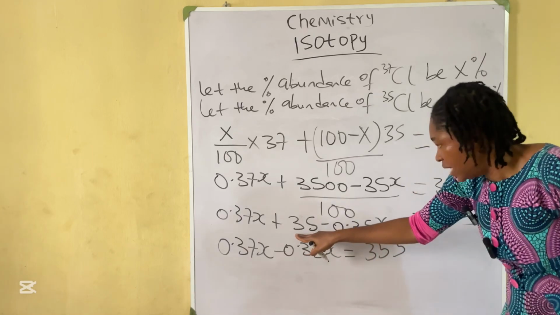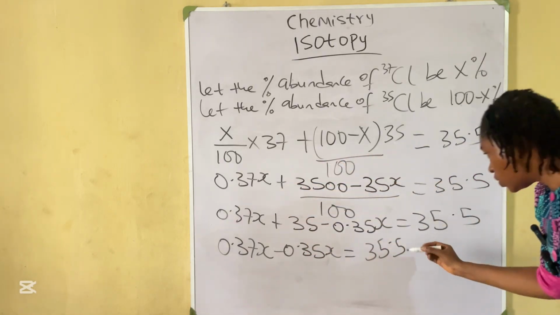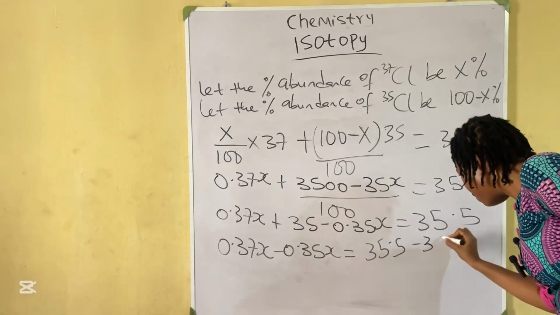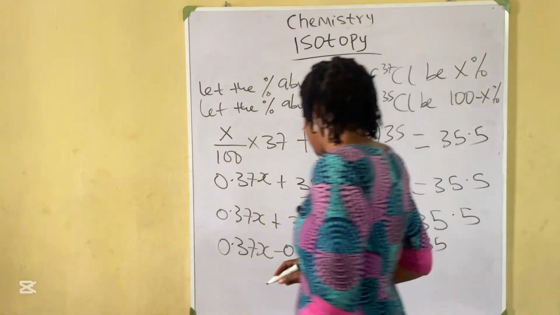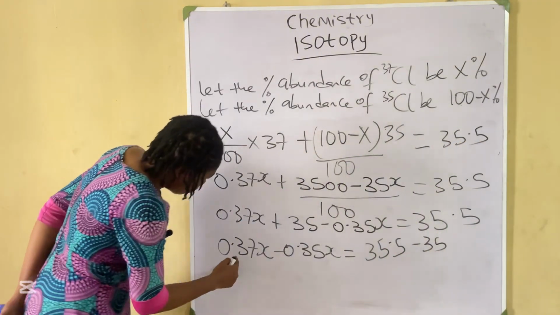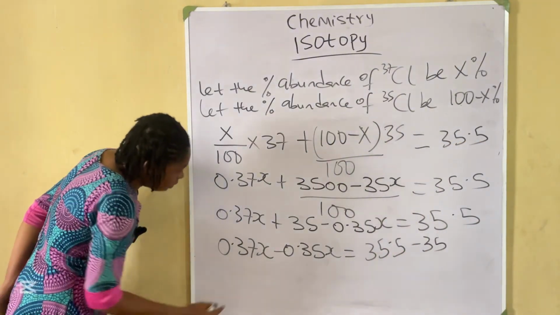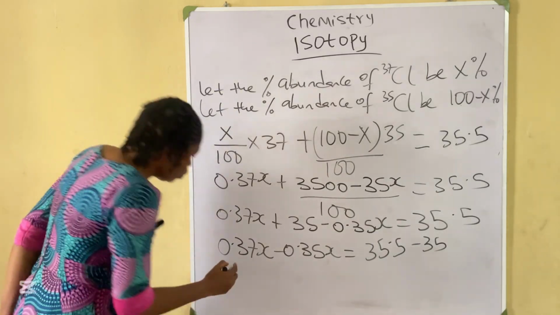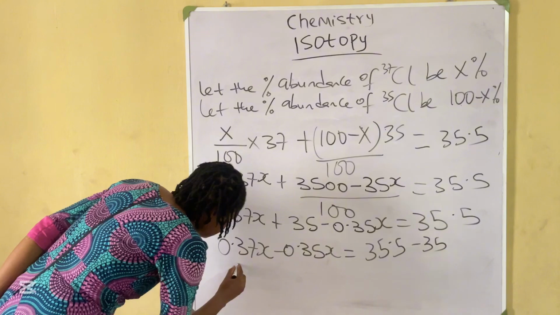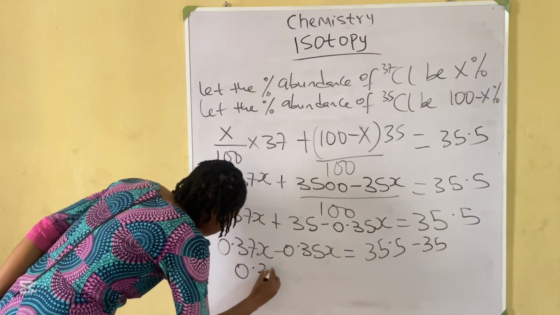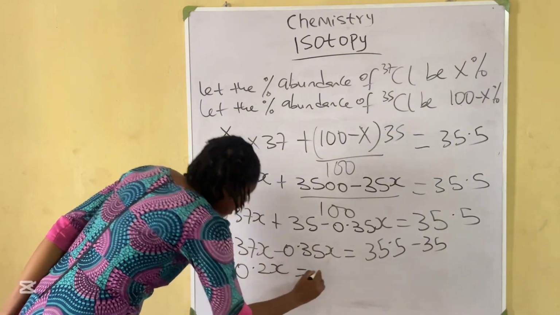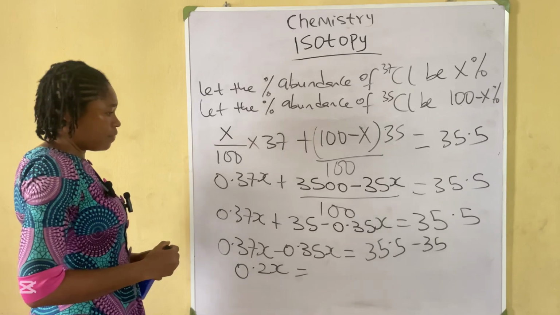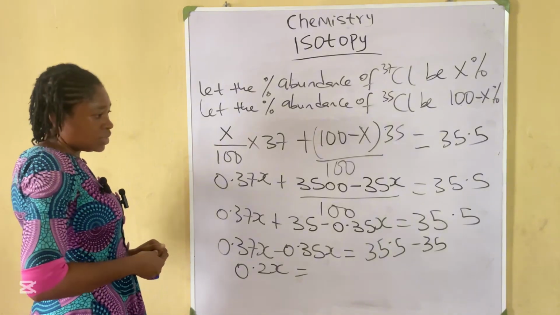This is plus 35, crossing the equality sign becomes minus 35. So 0.37x minus 0.35x, you give me what? 0.2x. 35.5 minus 35 will give me what? 0.5.